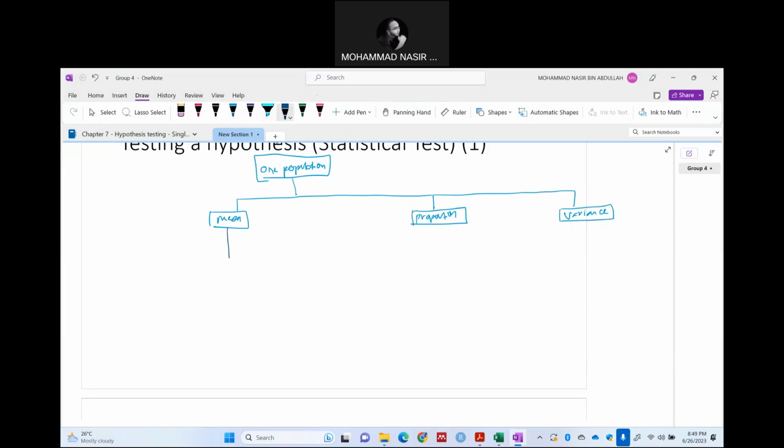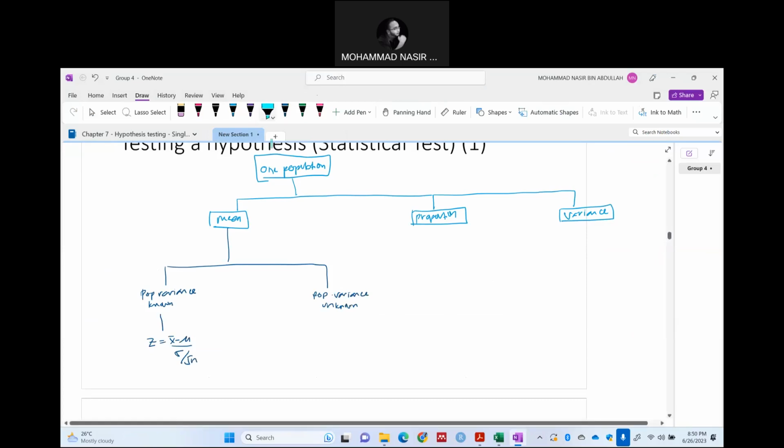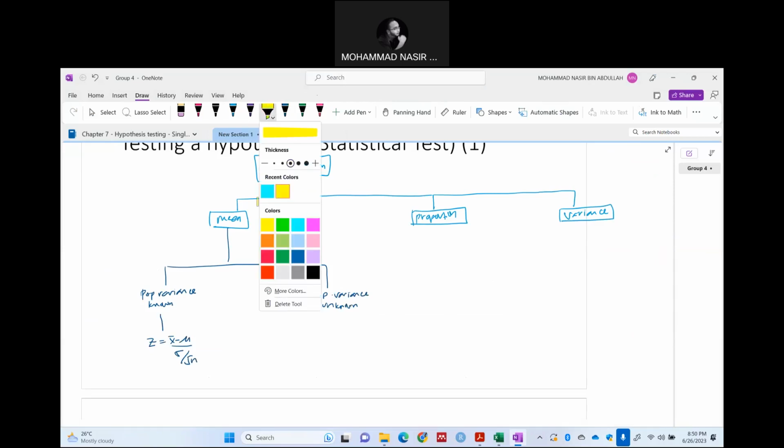The first one is the mean. We have population variance known and population variance unknown. When the population variance is known, we use the Z statistic, X bar minus mu divided by sigma over square root of n.